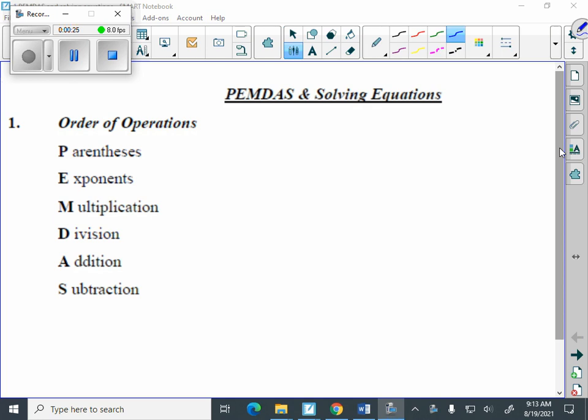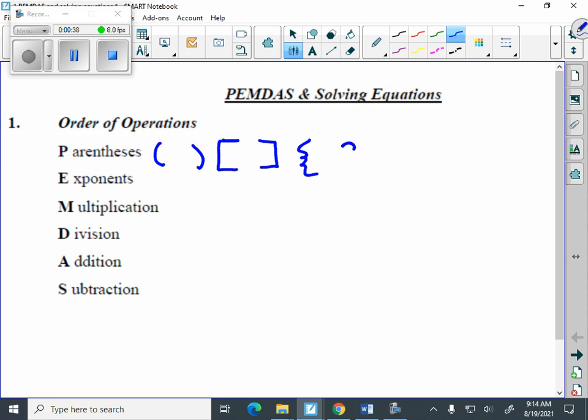And not only is it this symbol, but it can be this symbol. It can be squiggly, and I didn't do very well with that, and even absolute value bars fall in that parentheses category.